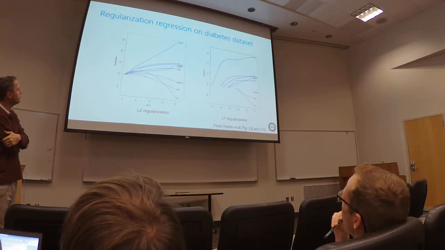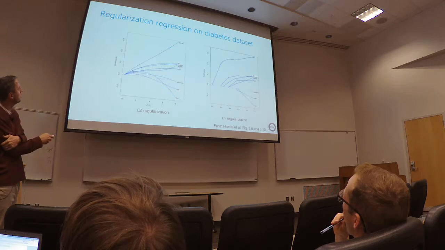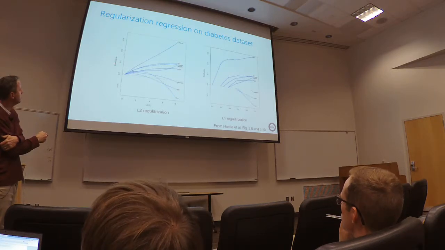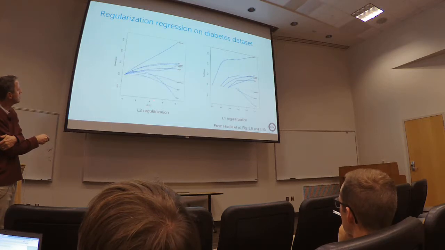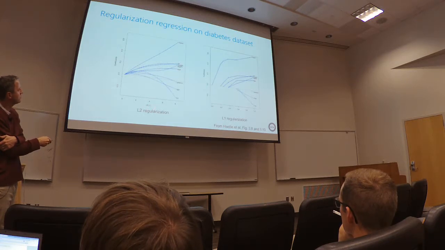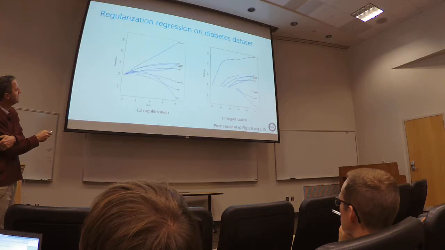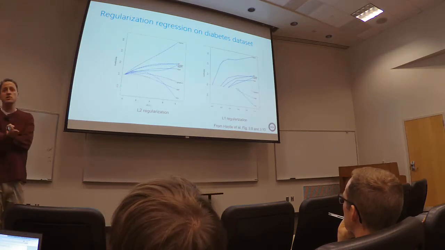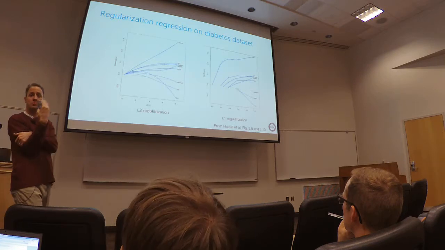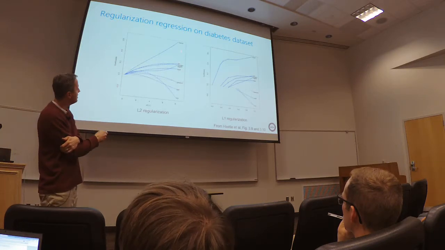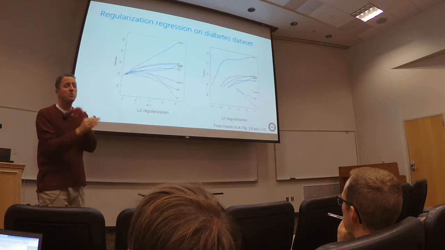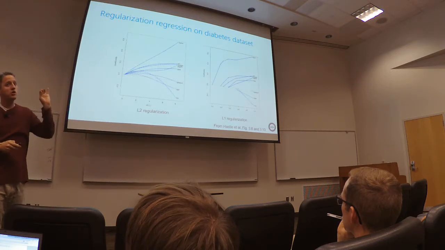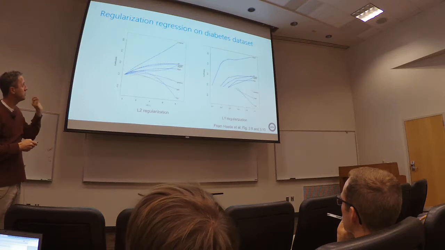Here are two figures showing coefficient magnitude as a function of the strength of the regularizer for two different regularizers. We have all these predictive variables, and we're trying to predict whether or not someone has diabetes. This is a supervised machine learning problem. We're not showing any loss, but the magnitude of the coefficient on a particular predictive variable.